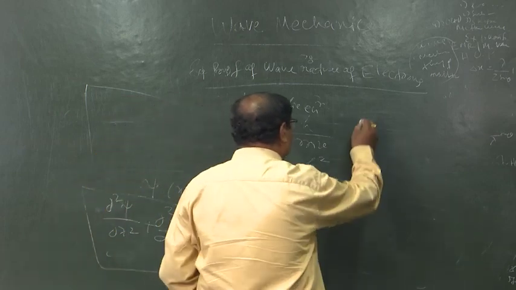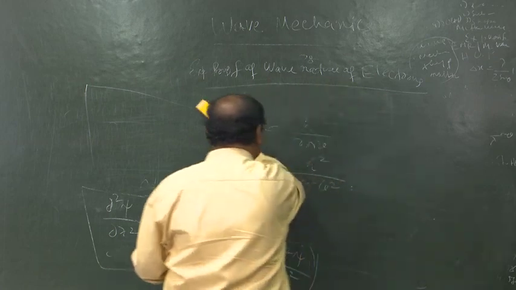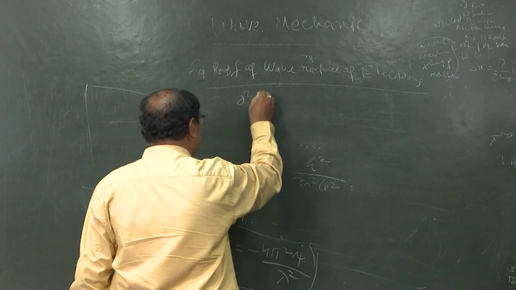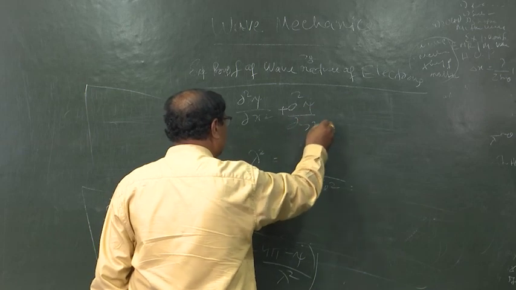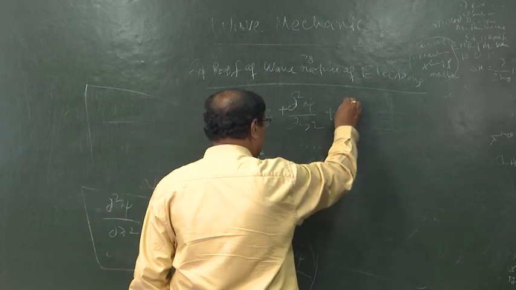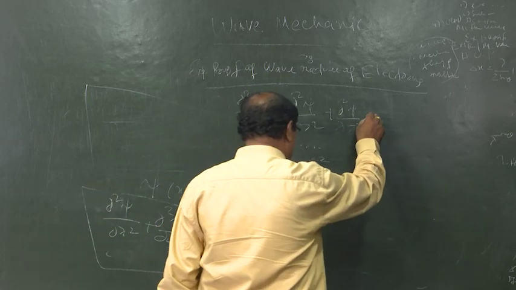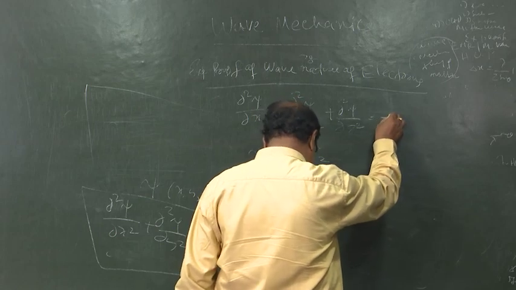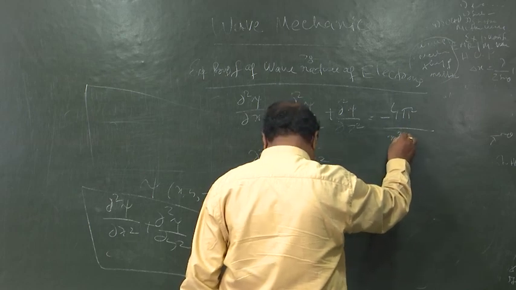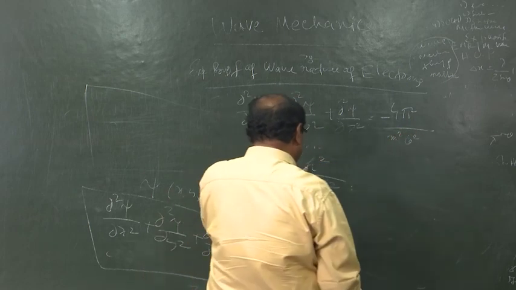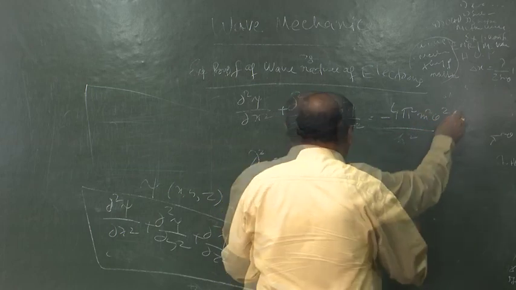So the equation will be d²psi/dx² plus d²psi/dy² plus d²psi/dz² equal to minus 4π² m²v² psi divided by h².